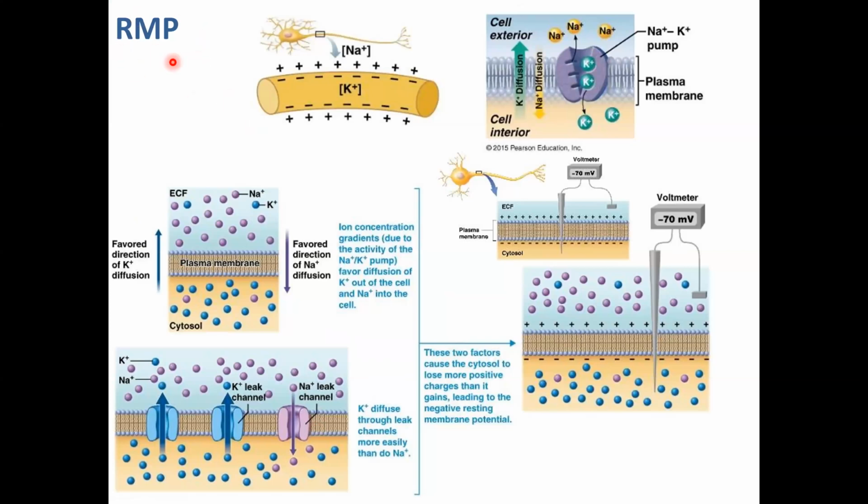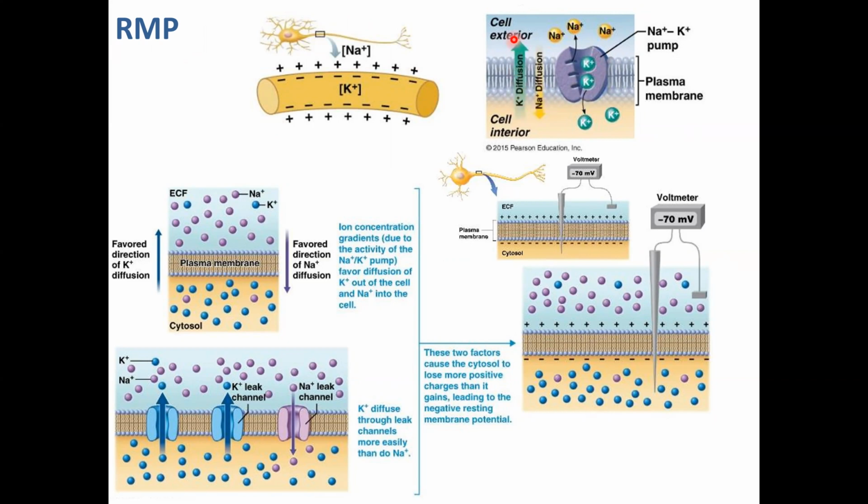Okay, so here's resting membrane potential. This is a picture that represents resting membrane potential. Negative inside, positive outside, sodium outside, potassium inside. And at this point the sodium potassium pump is working, right? Sodium out, potassium in, and we do have some leakage channels.